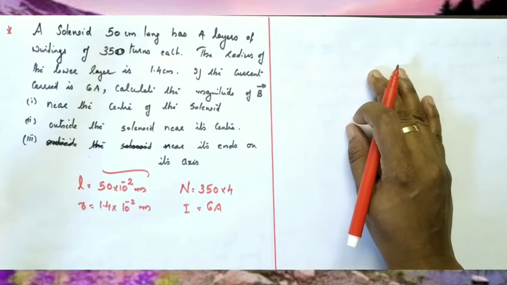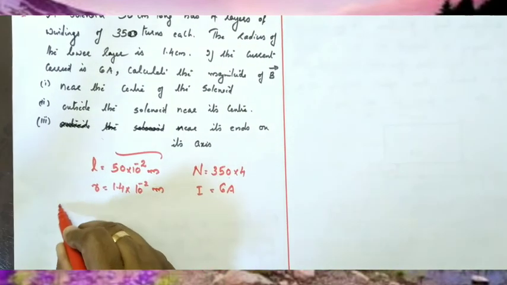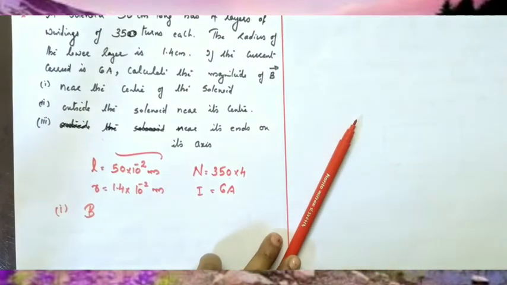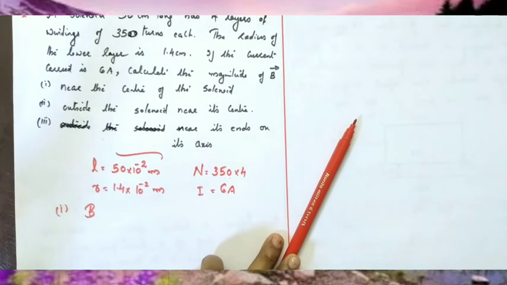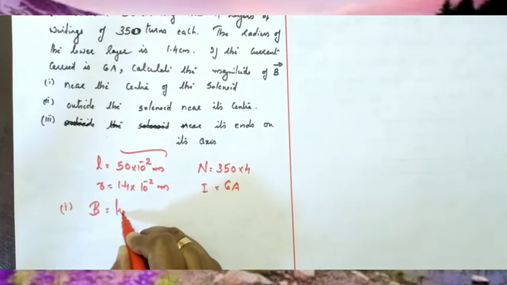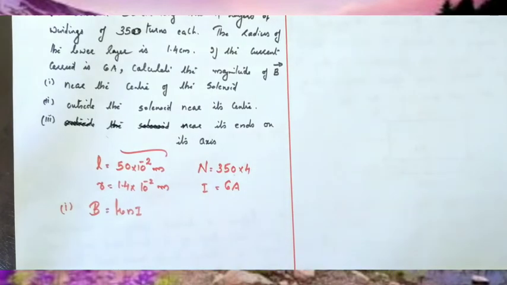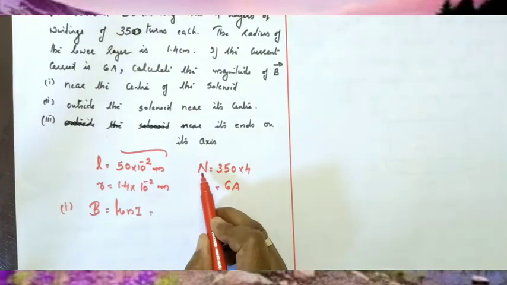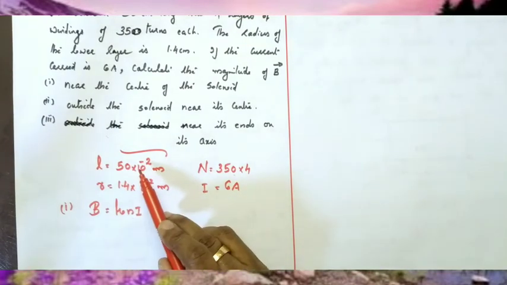So what is the magnetic field inside the solenoid? So first one, magnetic field inside the solenoid is given by B equal to mu 0 n I. Okay, so that is the magnetic field inside a current carrying solenoid. What is the small n? Total number of turns divided by length, that also we know.